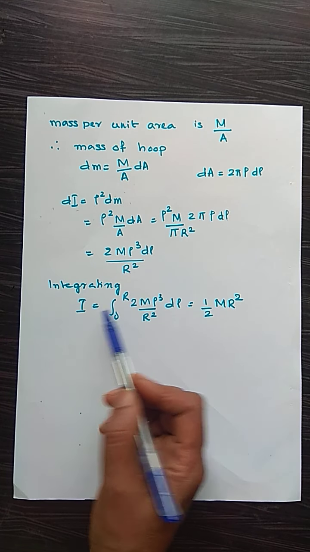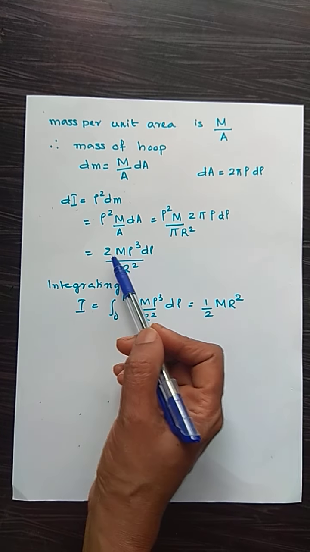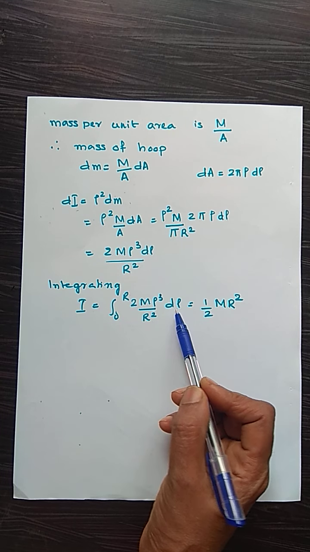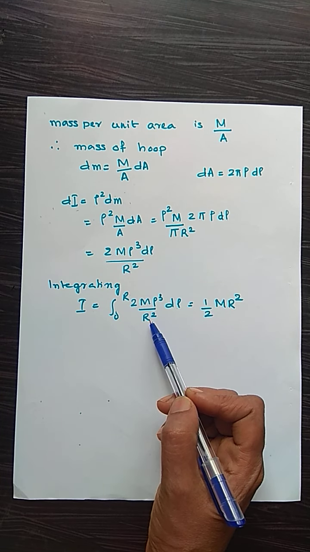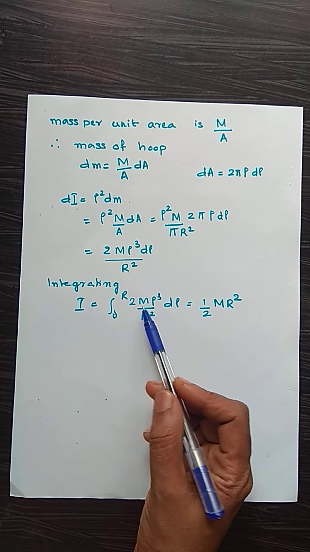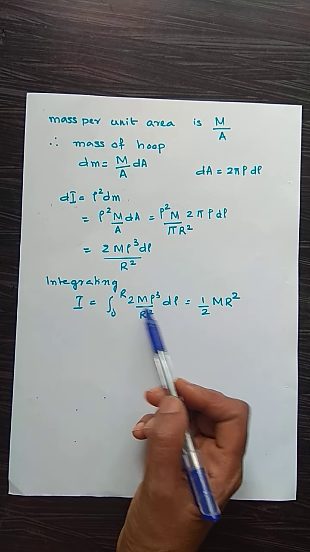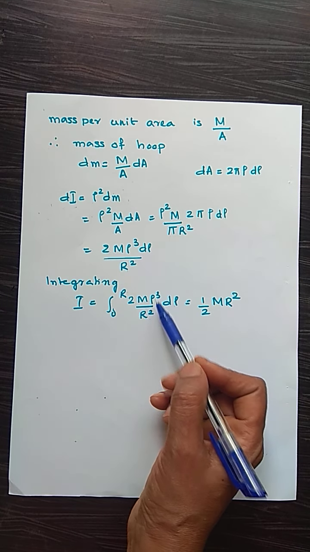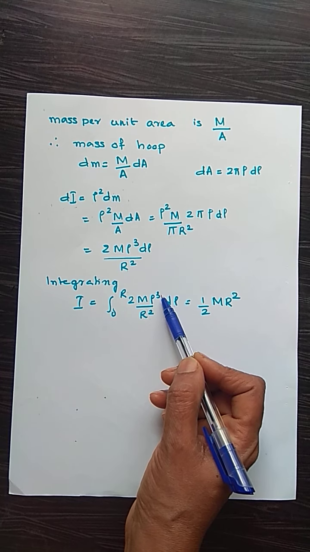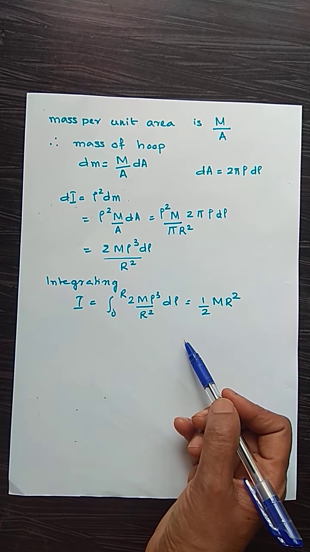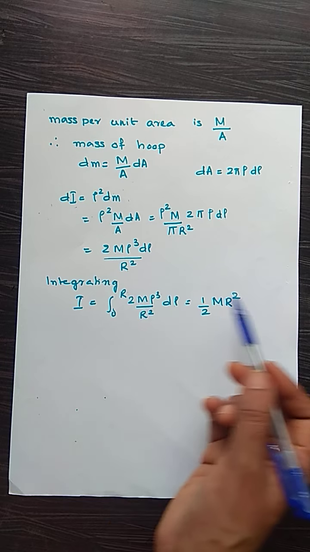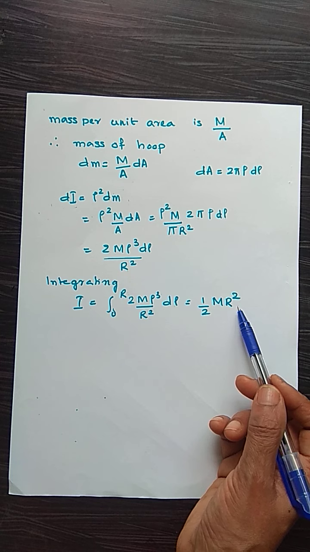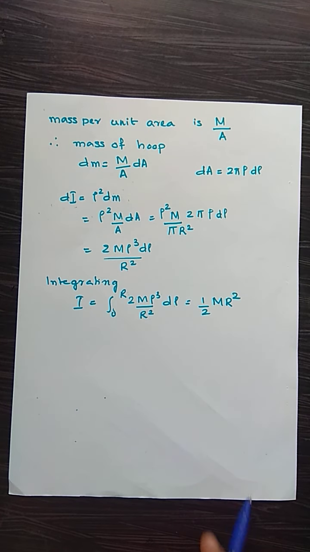So substituting, I equals the integral from 0 to r, instead of dI I can substitute 2m rho cube by r square into d rho. m and r square are constants, you take them outside. When you integrate rho cube you get rho raised to 4 by 4 and the limit is 0 to r. Substitute for that and simplify, you get half m r square. That is the moment of inertia of the uniform disk.